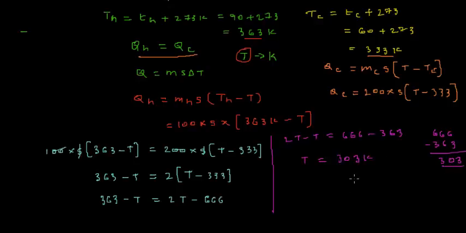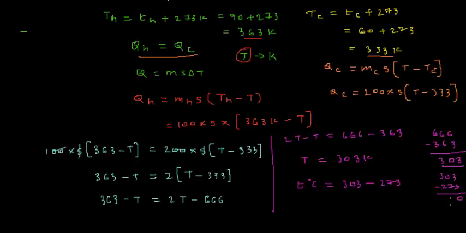Now I have to convert it into degrees centigrade. What is the thing I have to do? I have to subtract 273 from it. Then I will be getting the temperature in degrees centigrade. So small t, or the temperature of the mixture, is equal to 303 minus 273. So 3 minus 3 is equal to 0.